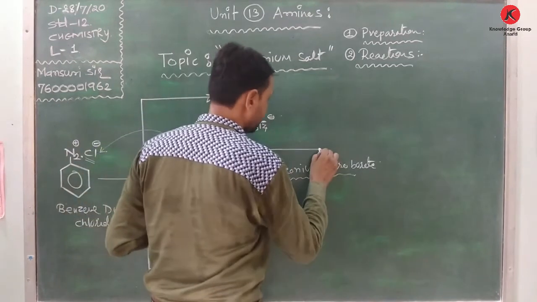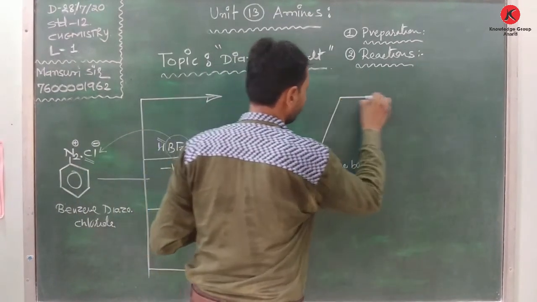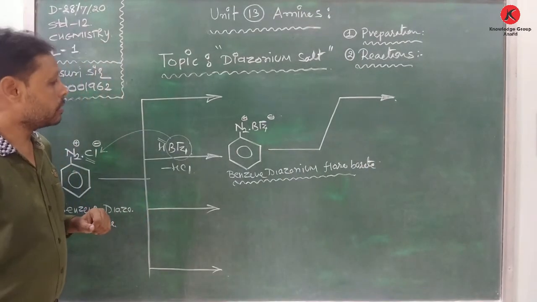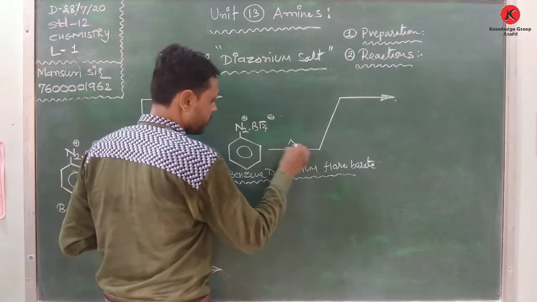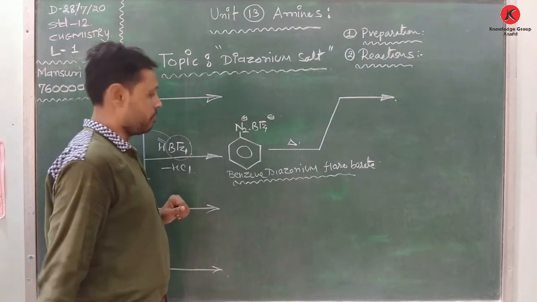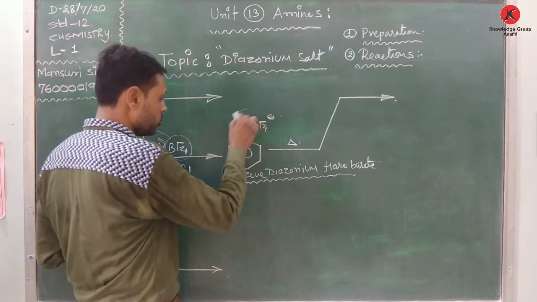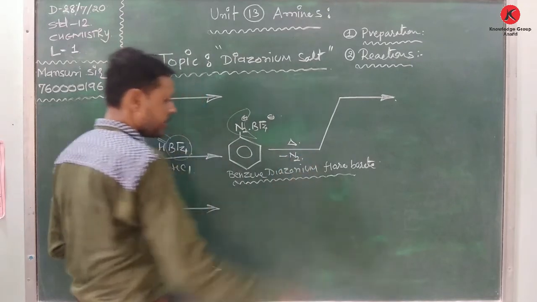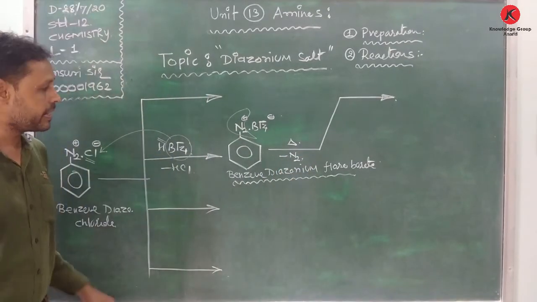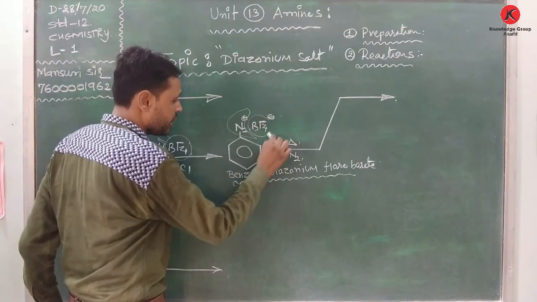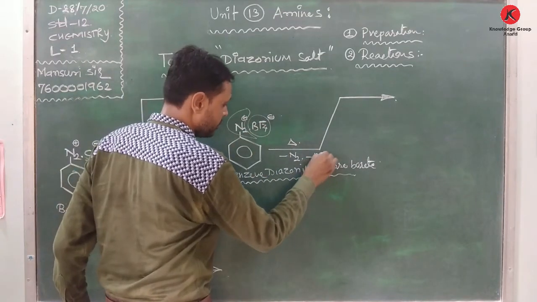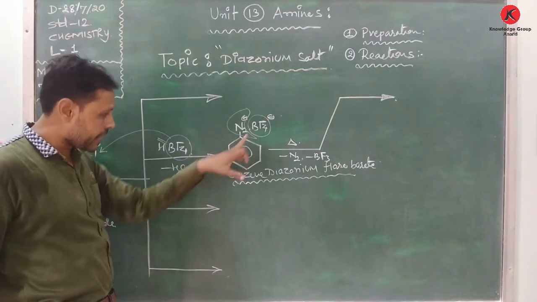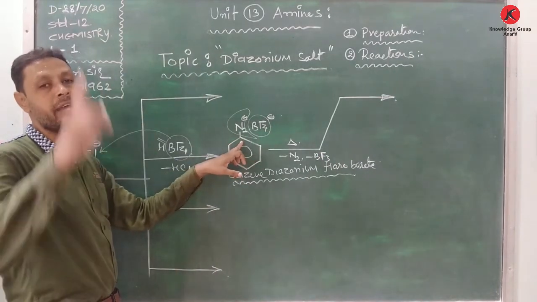After obtaining this compound, when heating is given, then what will form? Then N2 gas will be liberated. Thereafter BF3 molecule will also be liberated, and the one remaining fluorine will attack toward this ring.